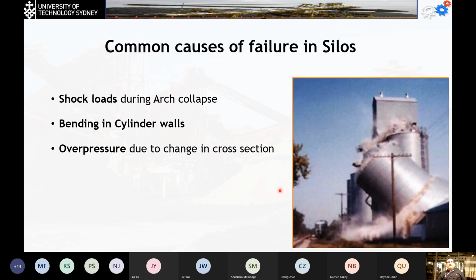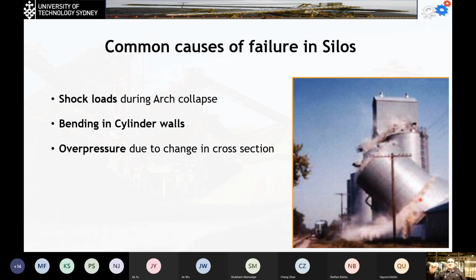The common cause of failure in the silo is the shock load during arc collapsing. When you have an arc formed and holding the materials, then suddenly it collapses. The material leaves suddenly, and this causes different pressures in the silo, which will cause the collapse.